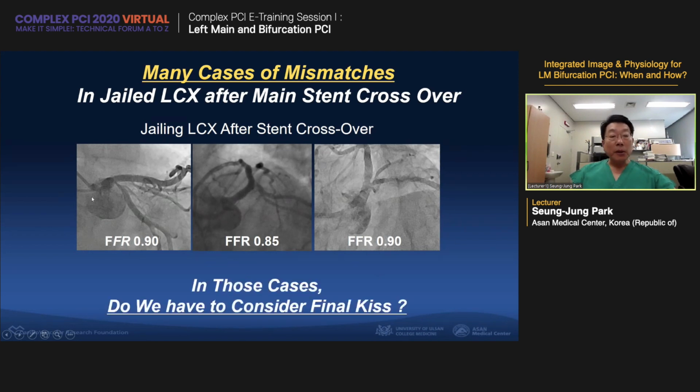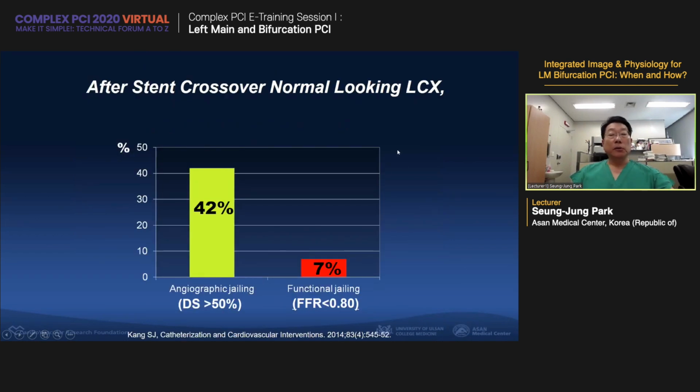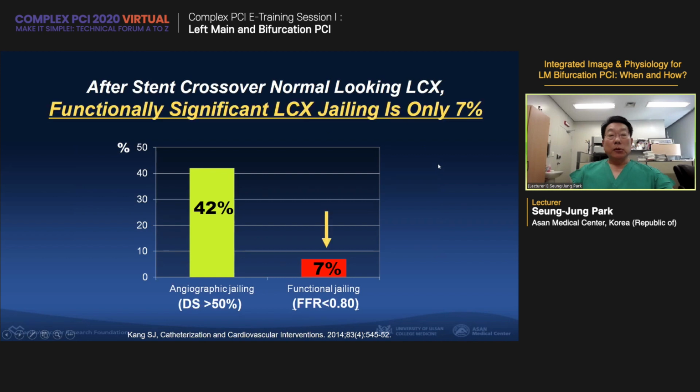So in those cases of compromised circumflex ostium, do we have to consider final kissing balloon inflation? This is small data. However, look at this. After the stent crossover, in a normal-looking circumflex, functionally significant circumflex stenosis is only 7%, a very small percent of compromised circumflex.